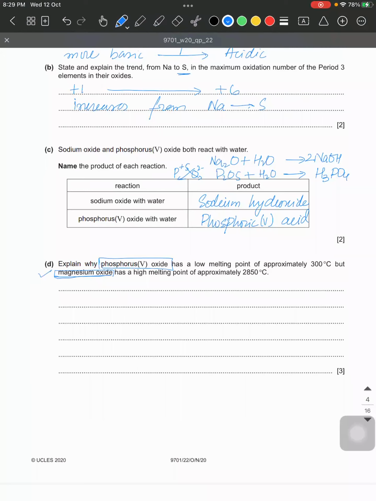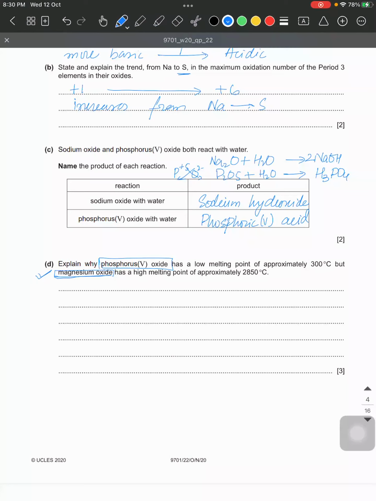In magnesium oxide we have a strong electrostatic force of attraction, and in phosphorus oxide we have weak intermolecular forces. That is why there is a difference in melting point. First of all you need to talk about the forces of attraction, then compare with the structure as well.